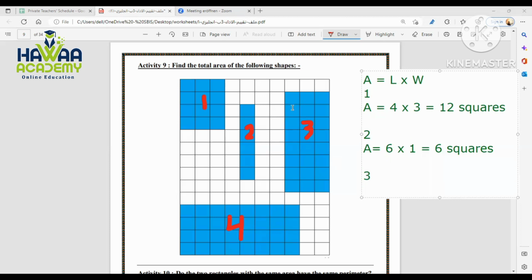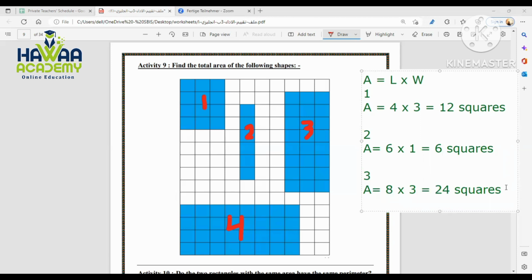What is the length here? It's 1, 2, 3, 4, 5, 6, 7, 8, times what? 1, 2, 3. Let's count in threes: 3, 6, 9, 12, 15, 18, 21, 24. Yes, that's 24 squares.